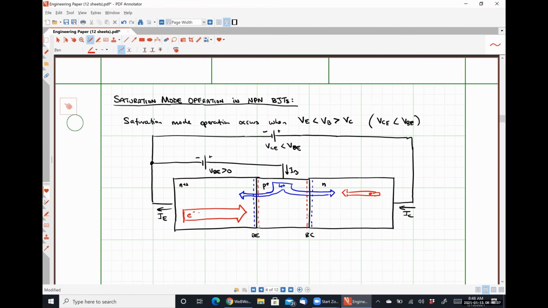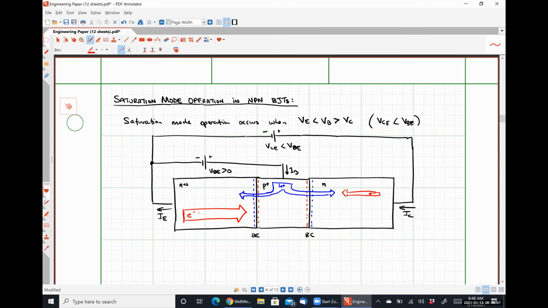But because the emitter is much more heavily doped than the collector, the amount of electrons flowing from the emitter to the base is significantly larger than the amount of electrons flowing from the collector to the base, right?